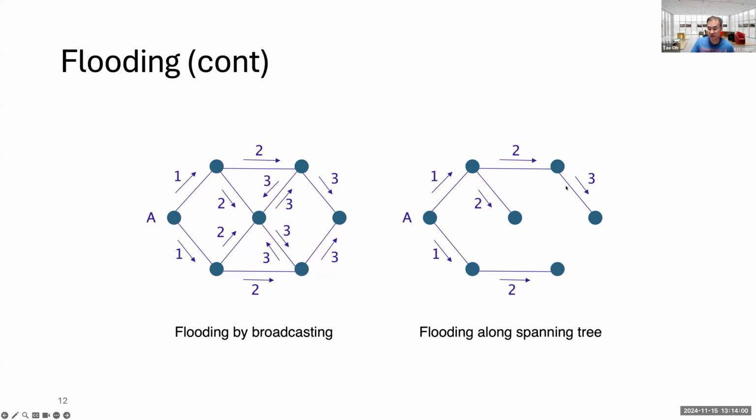It only sends it out to where the node has not received it from node A. So flooding only along the spanning tree means that each node receives only once, right? This is like a tree. Yeah, Christmas is coming soon. So this is like a tree, and it receives a packet only once.